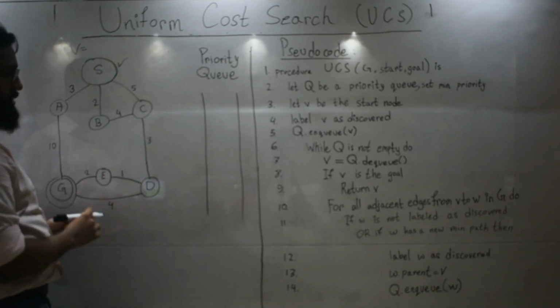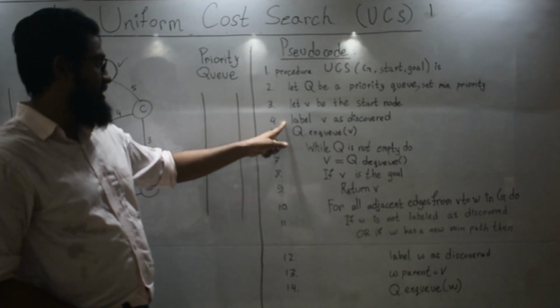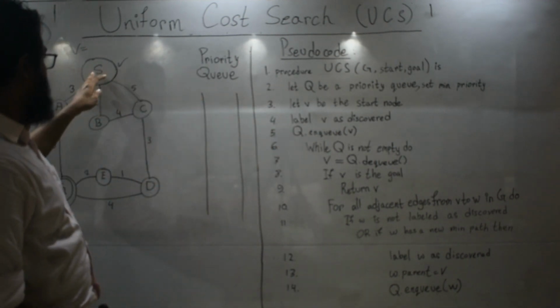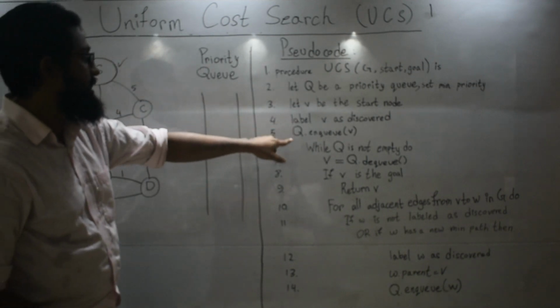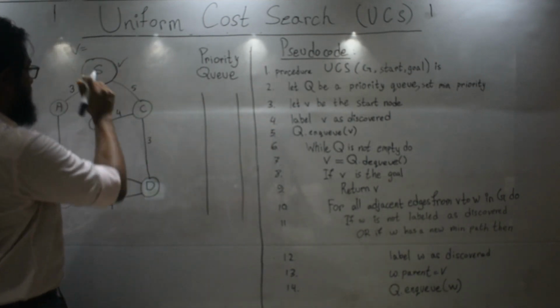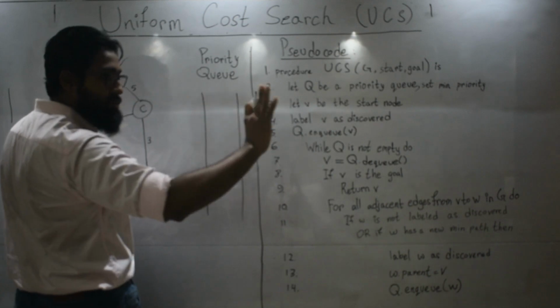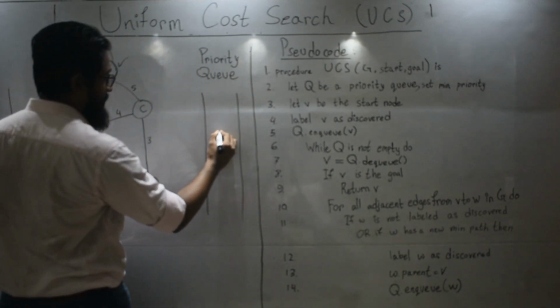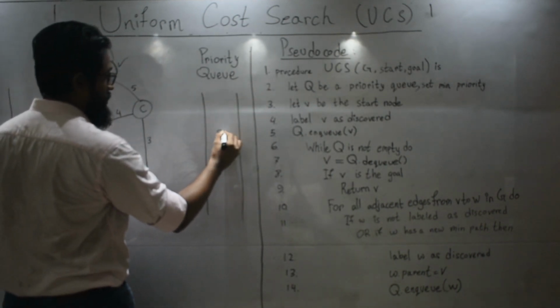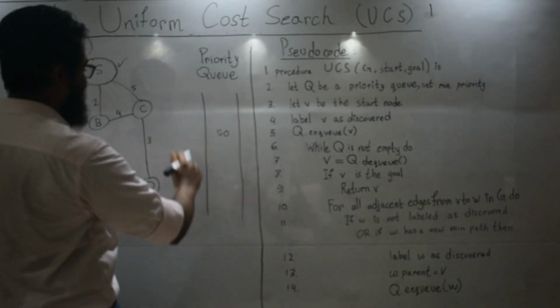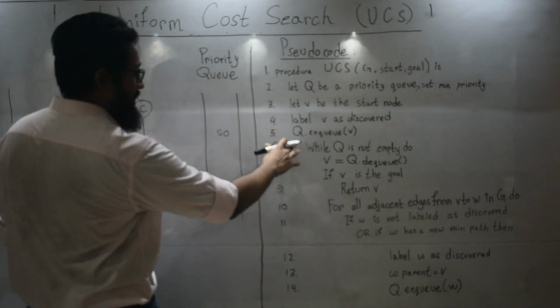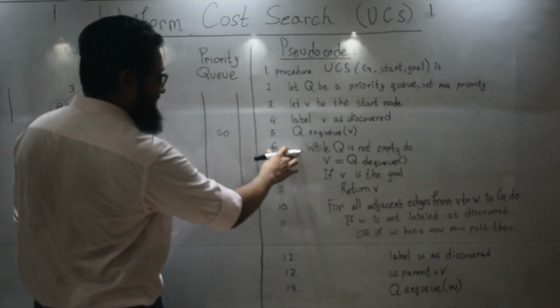So we have discovered our start node, the discovering symbol is tick, and then we will enqueue it. Let's enqueue S, and also let's put the cost just beside it, like so. Okay, so let's go to the next line.